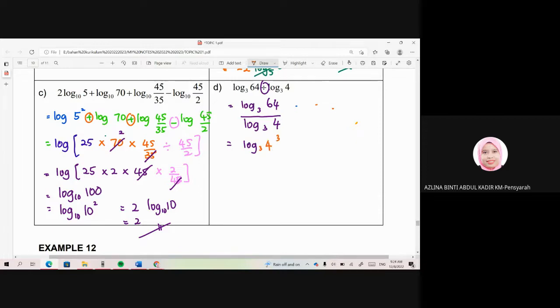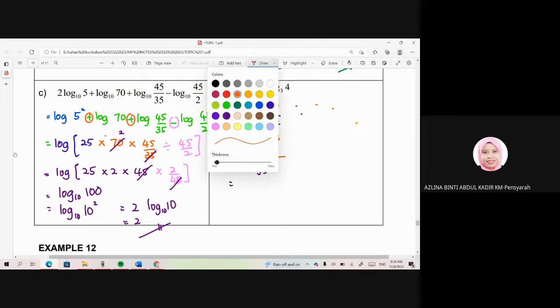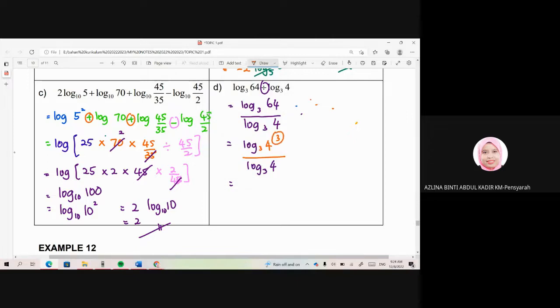Correct. 4 cubed is 64, over the denominator log 4 base 3. Then the next step is you bring the power 3 in front, that is 3 log 4 base 3 over log 4 base 3. So you cancel out. The answer is equal to 3.